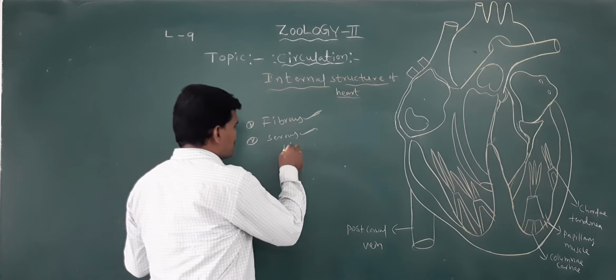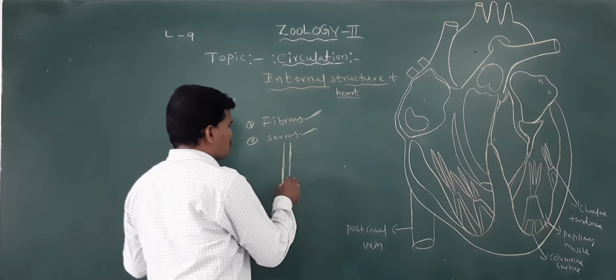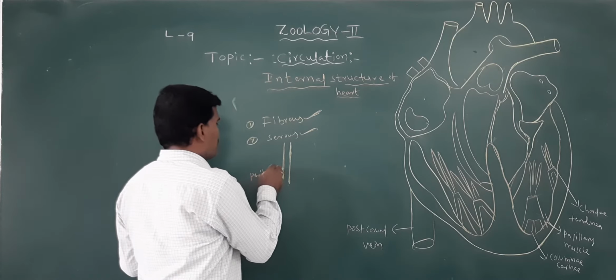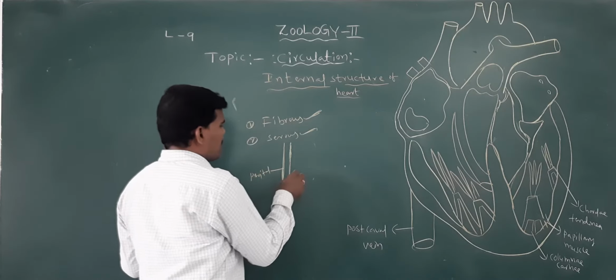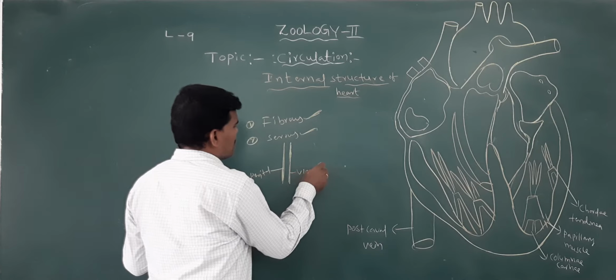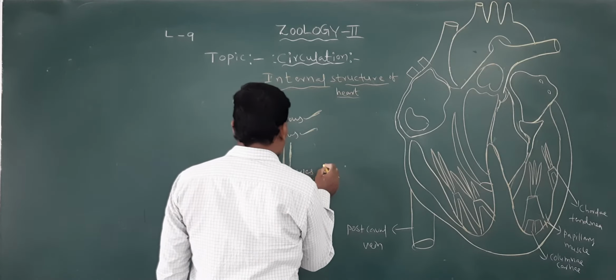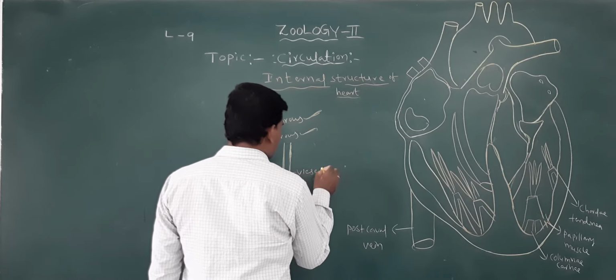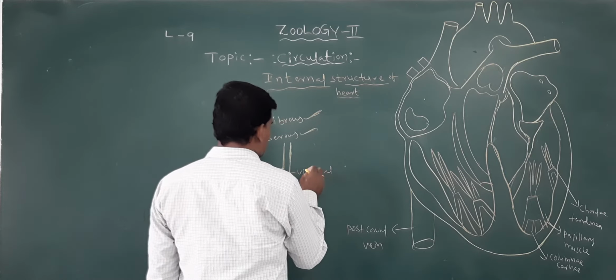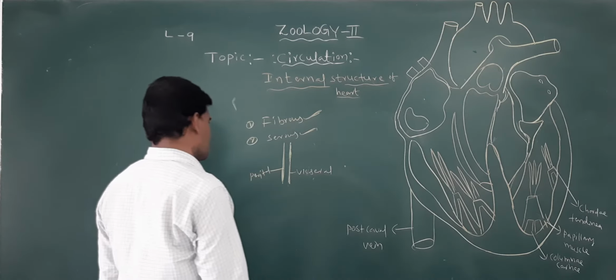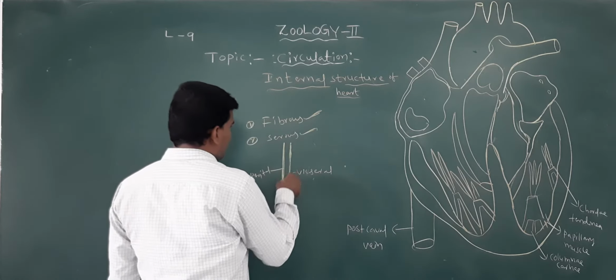The two layers of the serous wall are the parietal layer and the visceral layer.